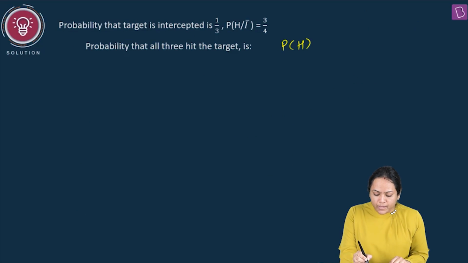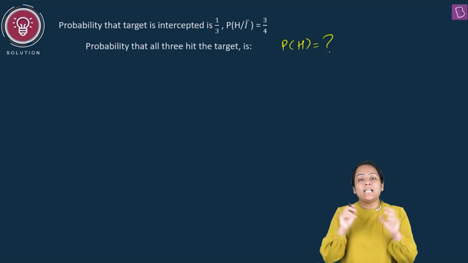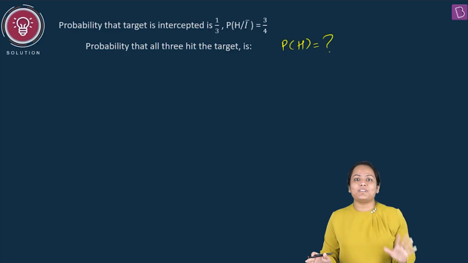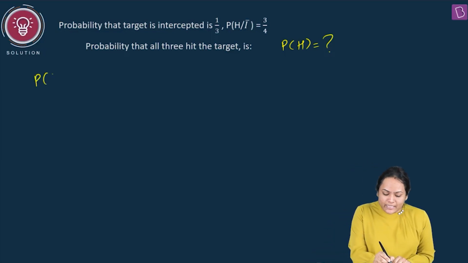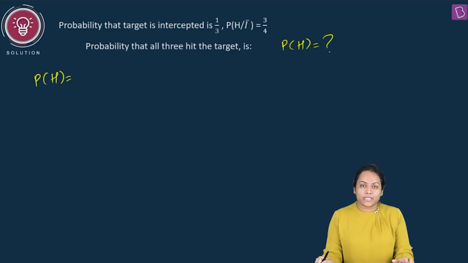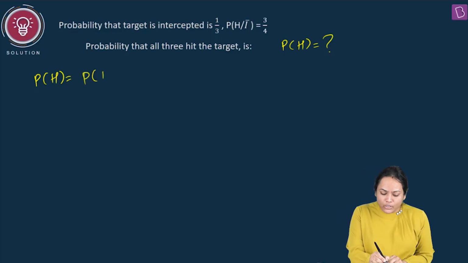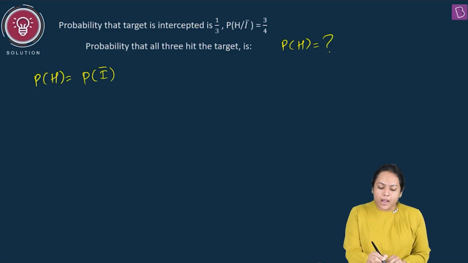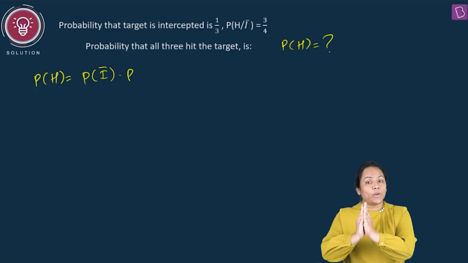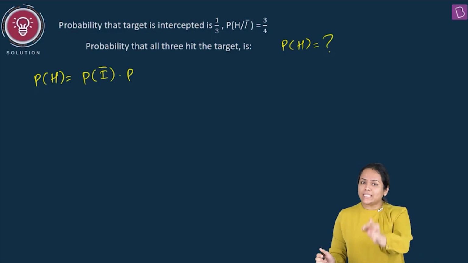So first I'll find the probability of a missile hitting a target. Now guys, tell me one thing. If my missile is intercepted, its probability of hitting the target will be a big 0, right? So I can clearly say that if my missile has to hit the target, it has to be non-intercepted. So I can say that the probability of the missile not getting intercepted multiplied by, if my missile is not intercepted, it's going straight away to the target, what is the probability of its hitting the target at the right point?